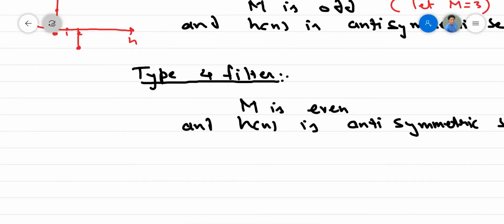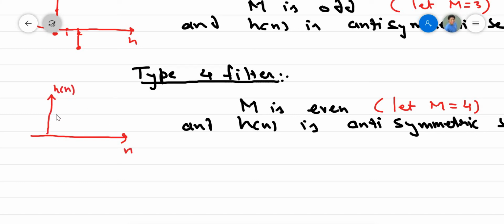Next is the type 4 filter, and in this case M is even. So let M equal 4. We'll draw it again, and we'll have a sequence for h[n], and this sequence has to be antisymmetric with M equal to 4 at this point.